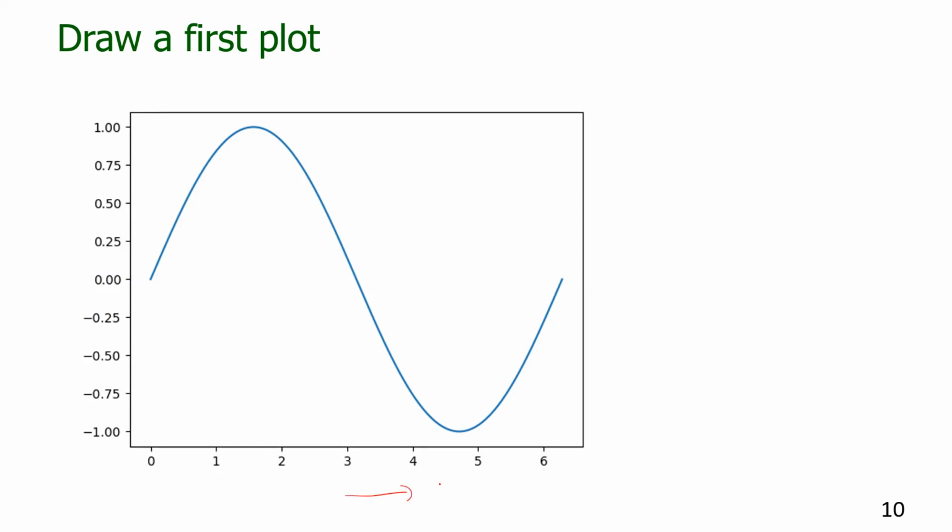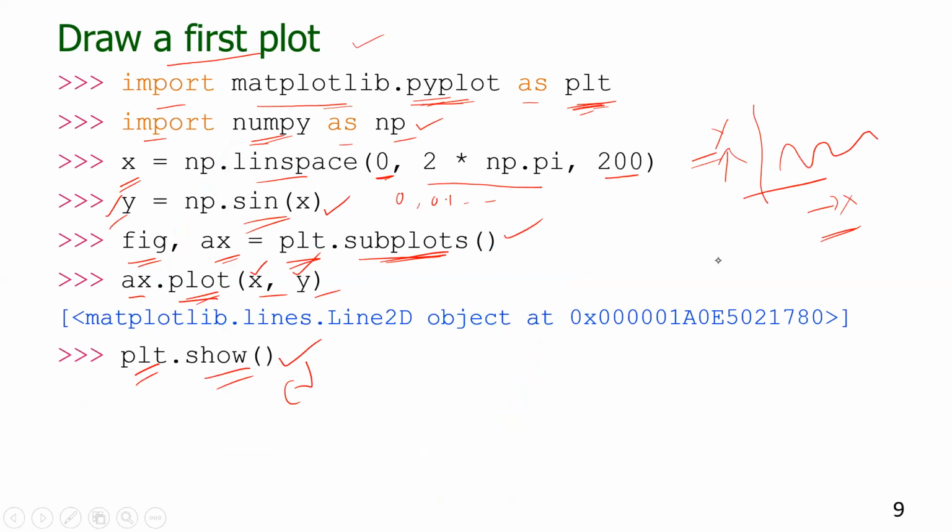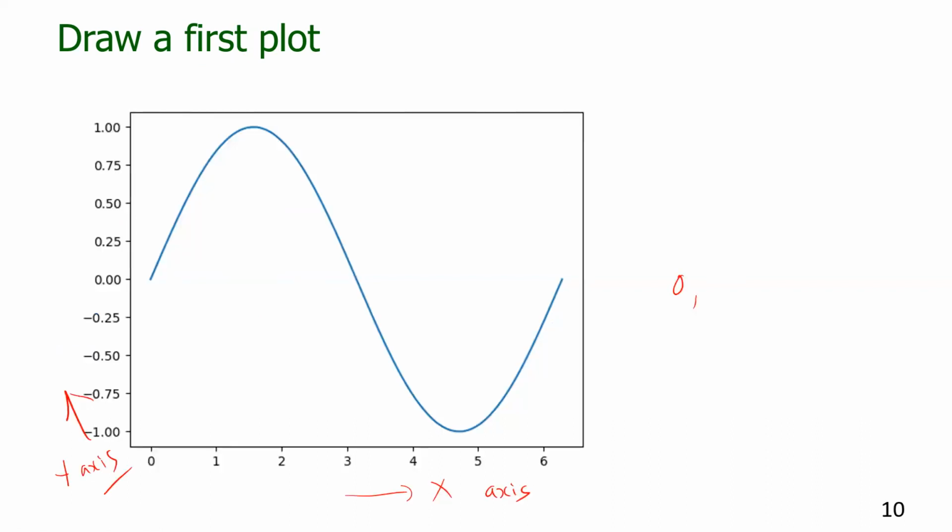Here you can see this is the x-axis, and this is the y-axis. The x-axis values we are taking are from 0 to 2 into pi, that is 2 into np dot pi comma 200.